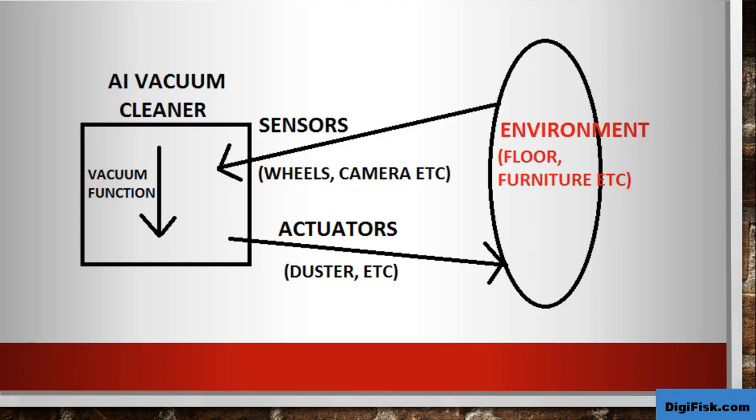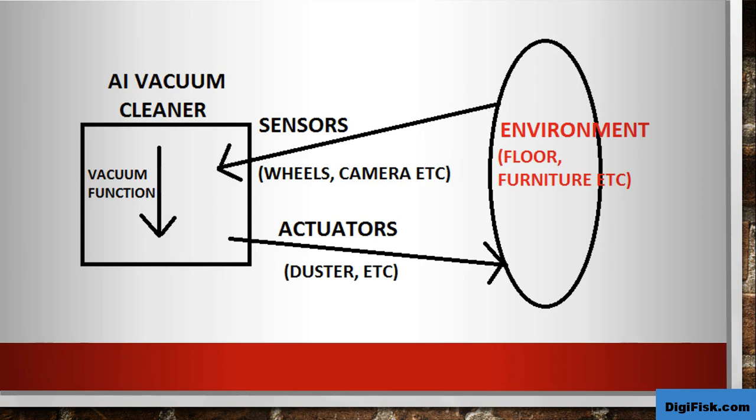If the robot, for example, collides with something because it didn't have the time to take a detour, okay, because maybe the obstacle was moving at a very fast pace, it just came out of nowhere or something like that. So if it just collides with something, then the vacuum function will tell the robot to move in the other direction so that it doesn't keep trying to move past the obstacle. Okay, so it will ask it to turn around so that it can move in the other direction. Okay, so this is how it will maneuver automatically on the floor.